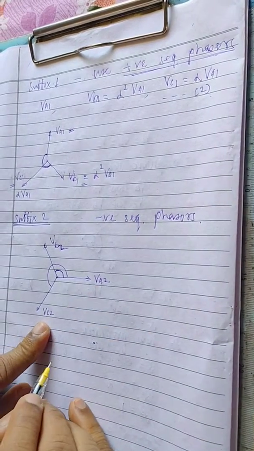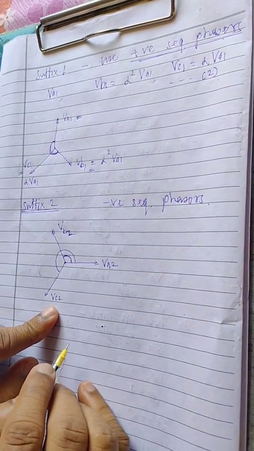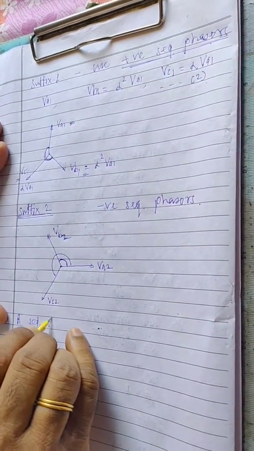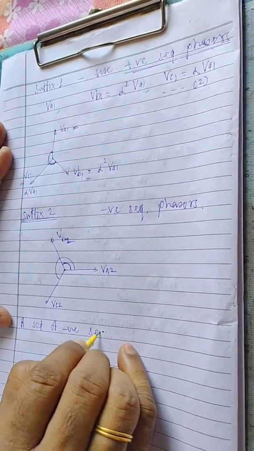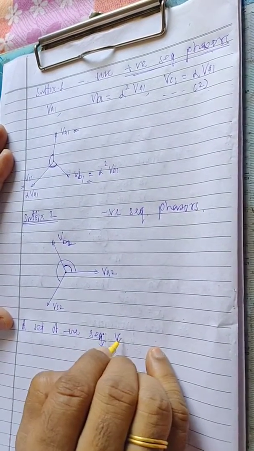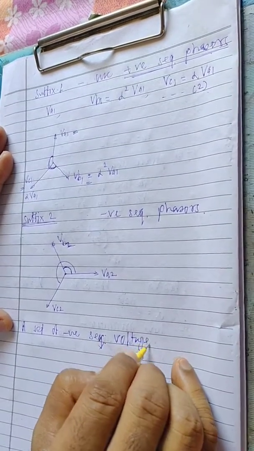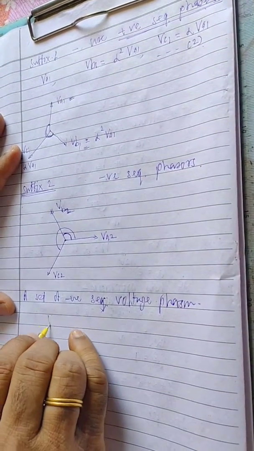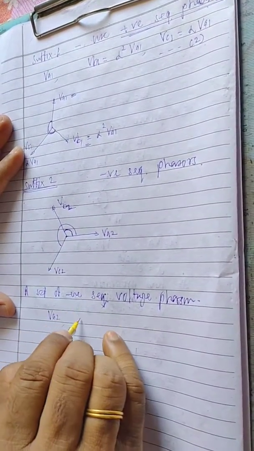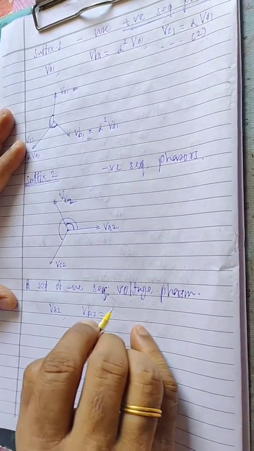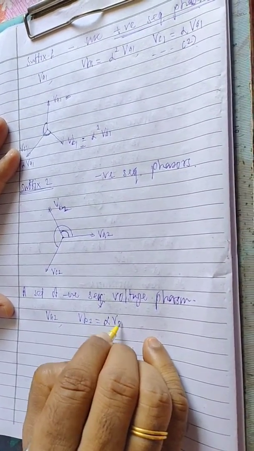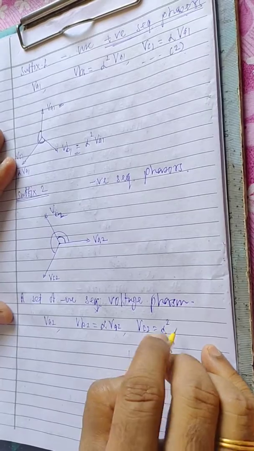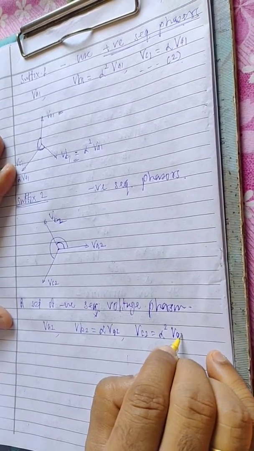So we can write the equation for the set of negative sequence voltage phasors: VA2 is the reference, VB2 is alpha VA2, and VC2 is alpha square VA2.